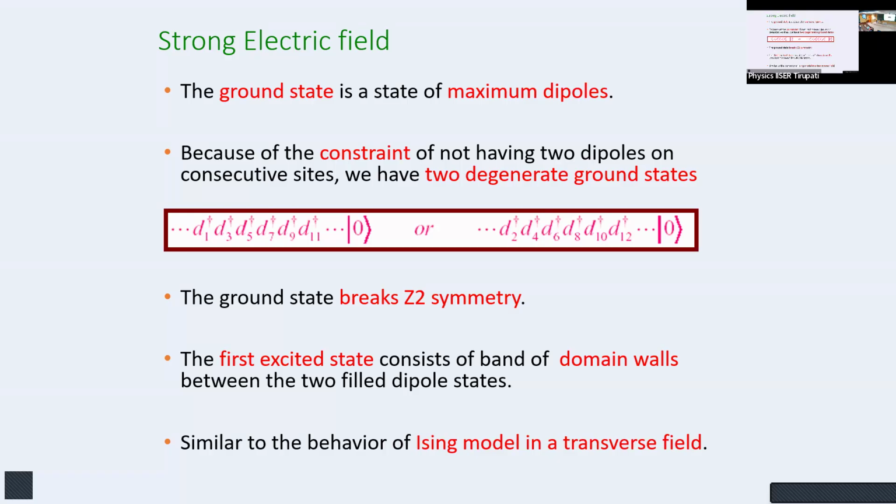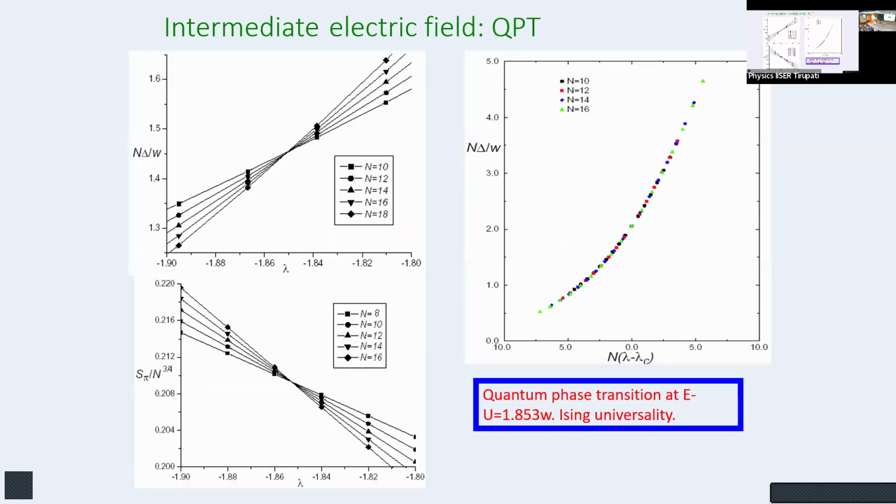So here we have a situation where you have a garden variety vacuum state separated from a Z2 symmetry broken state, exactly like an Ising paramagnet and an Ising ferromagnet. It's not surprising that the transition in between belongs to the Ising universality class, and so we predicted that there would be an Ising transition in this system.